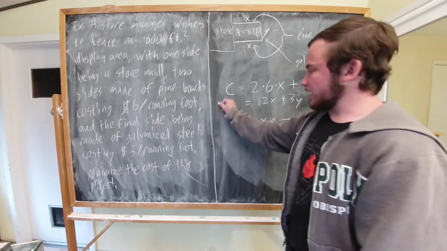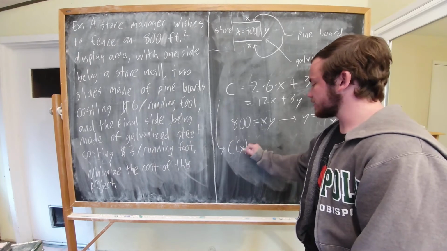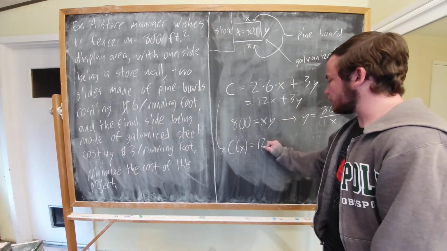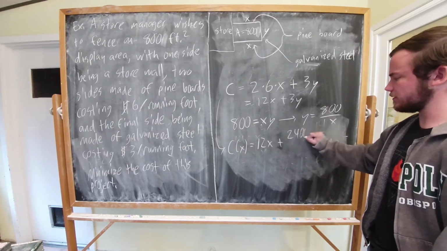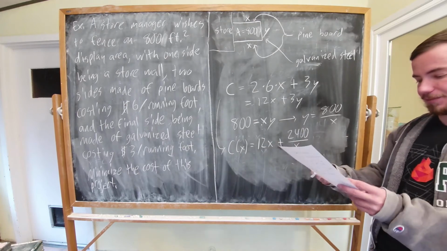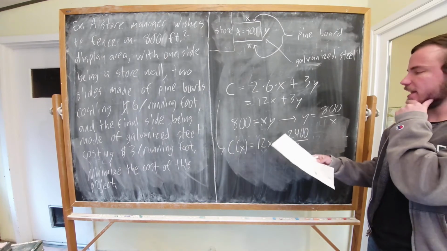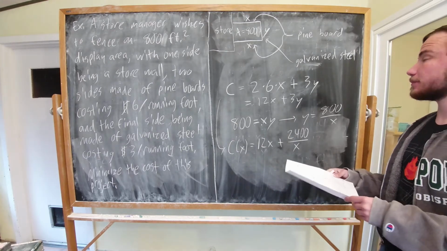So we can rewrite our cost as a function of x equal to 12x plus 3 times 800, which is 2400, divided by x. Alright, and again, we're optimizing on 0 to infinity for x.